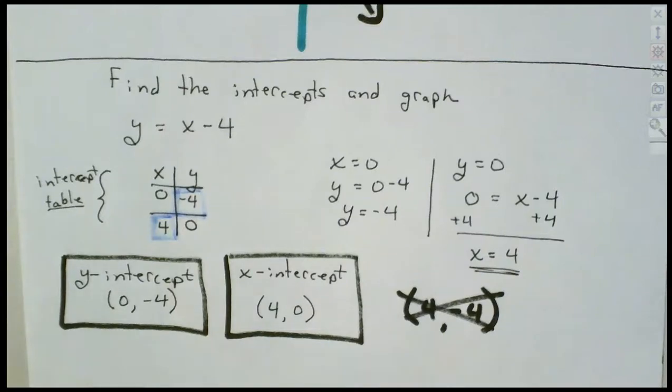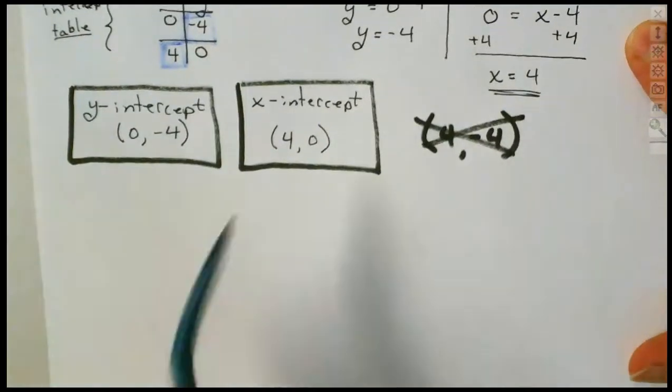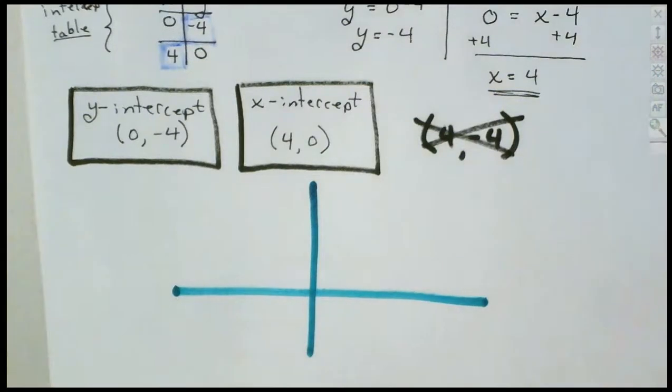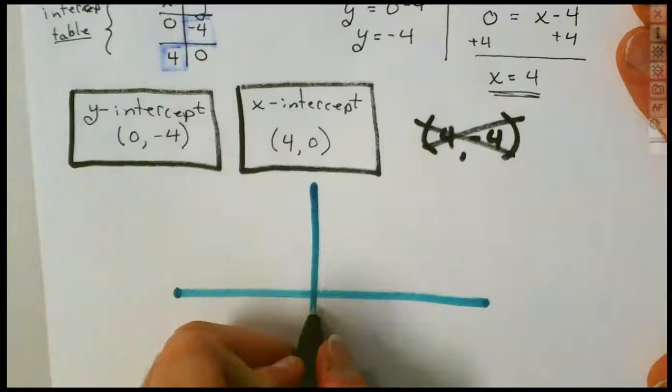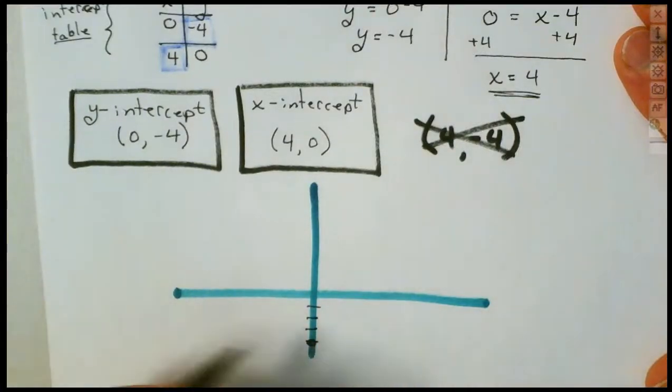Now we want to graph this line, so the hard part's done. How do we graph this line? It's very easy to do. We plot our intercepts, so we've got 0, negative 4 for our y-intercept. So that's right there. Our x-intercept is at 4.